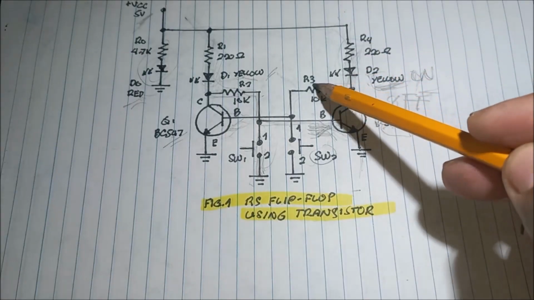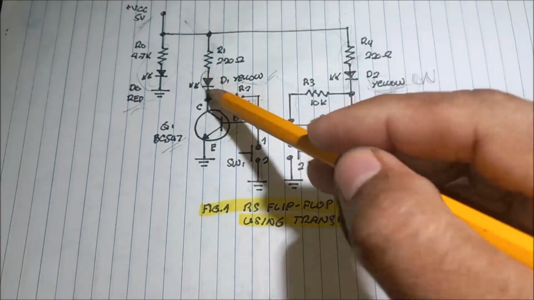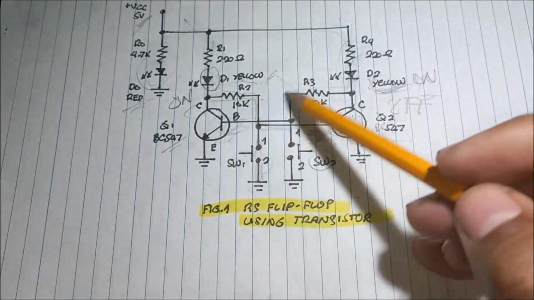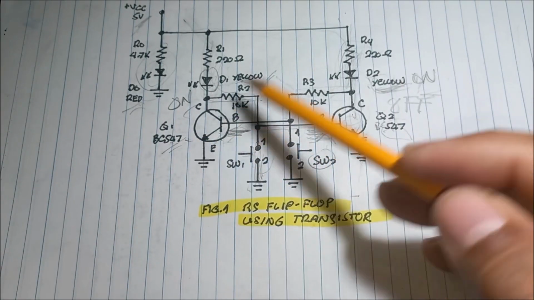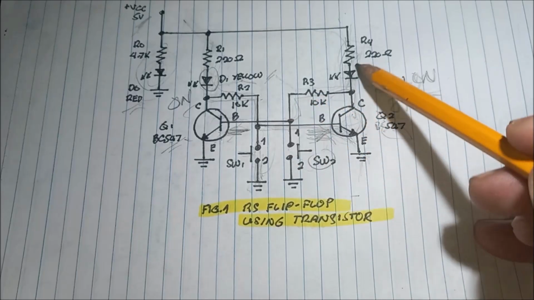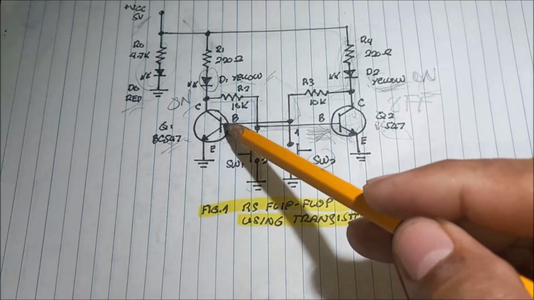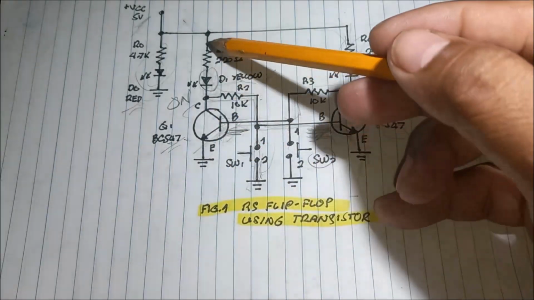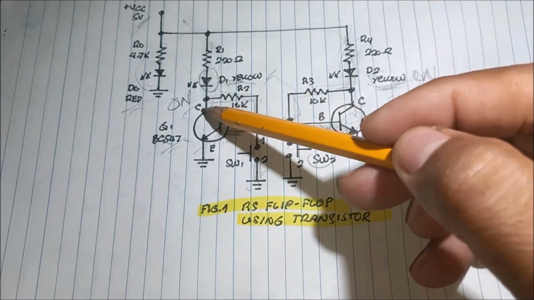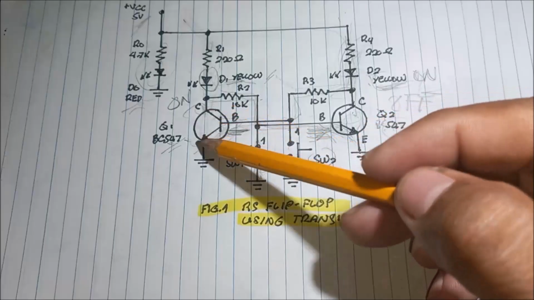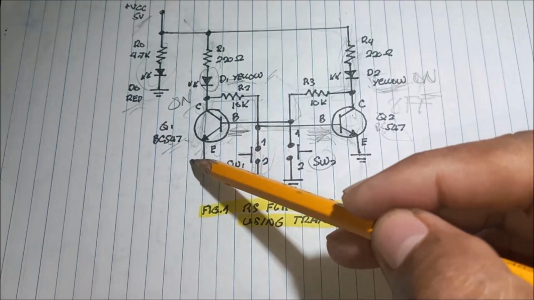So the current now flows into the base of the second transistor, so it will now turn on. This one now turns on, because there is a switching current now to the Q1 through the path here: R4, D2, R3, then the base of Q1, switching this transistor, and then the current flows here from yellow D1, R1, D1, collector to emitter, the transistor now saturated, acting as a closed switch, and then to the ground.